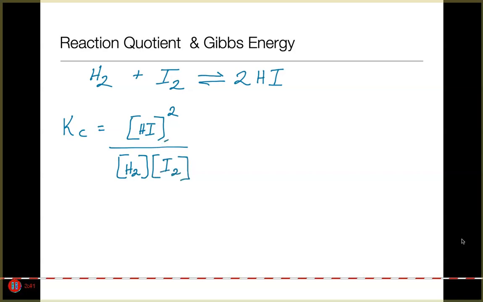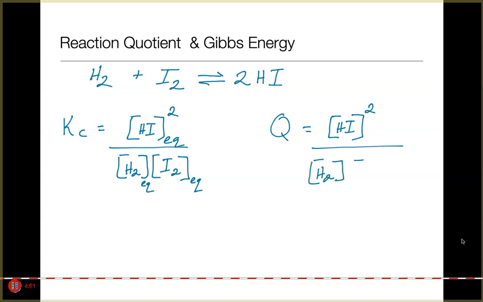I'm going to put in a subscript specifically because when we're dealing with K, we're dealing with equilibrium concentrations. Q, on the other hand, is the exact same expression. The only difference is it's not necessarily at equilibrium, right?